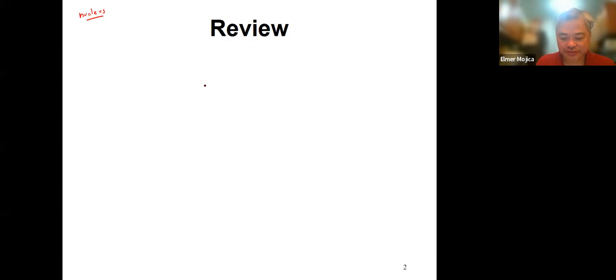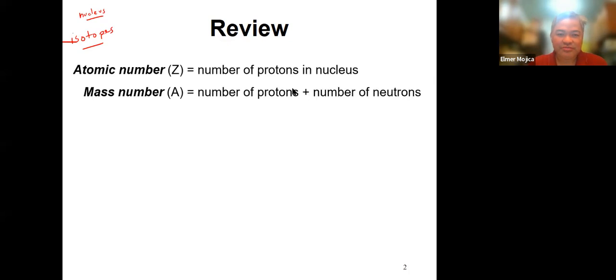Okay, so atoms that have the same number of protons but different numbers of neutrons, what do we call those? We're just reviewing. Okay, so those are called isotopes. Atoms that have the same number of protons but different numbers of neutrons, or same atoms with different atomic mass. If you're going to review, you have what we call the atomic number and the mass number.